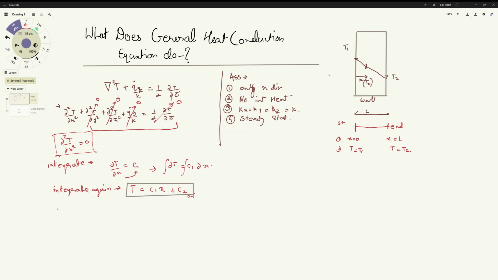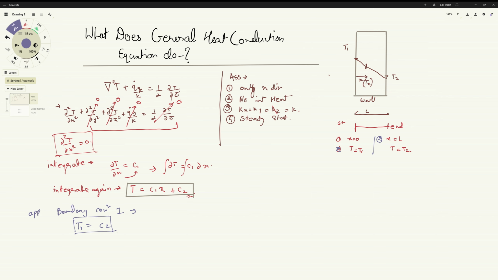Applying boundary condition 1, the new equation becomes, at x equals 0, T equals T1. So T1 equals C1 times 0 plus C2, so from here we get the value of C2.